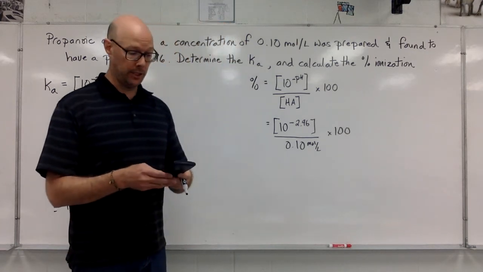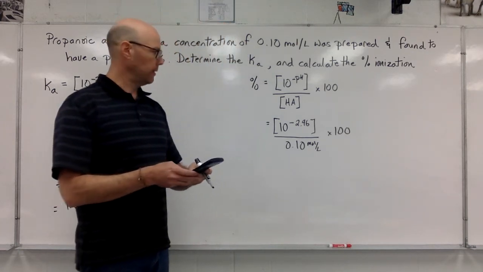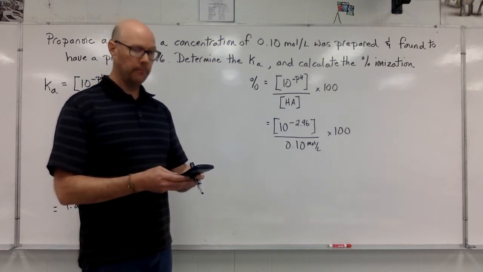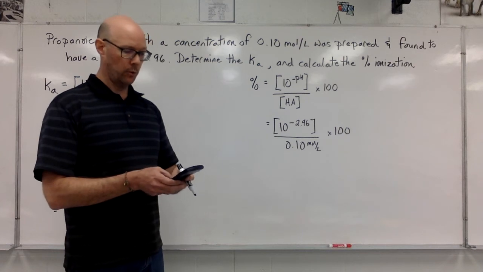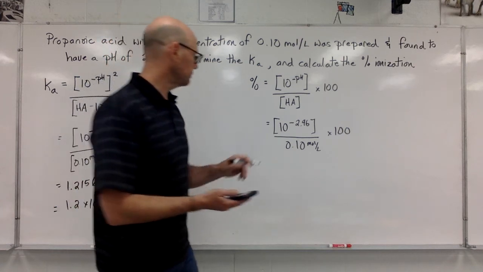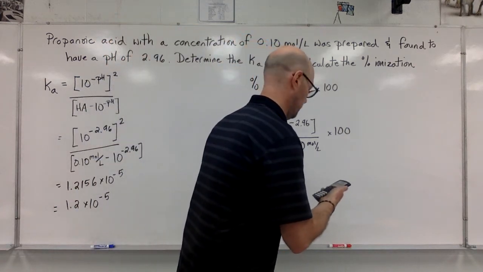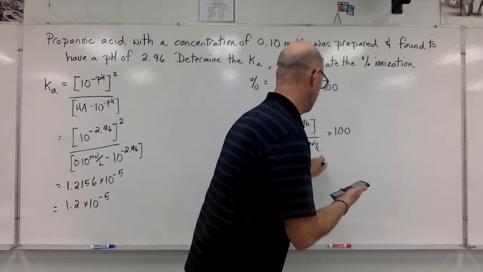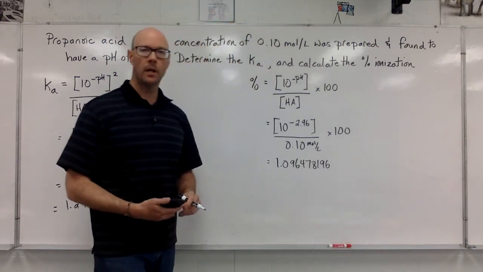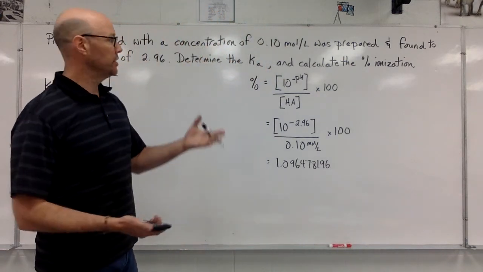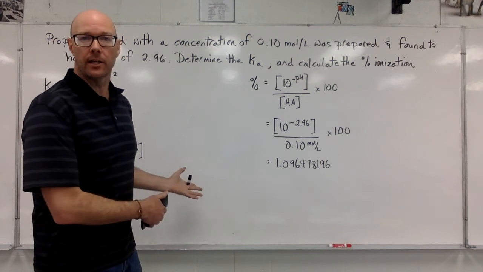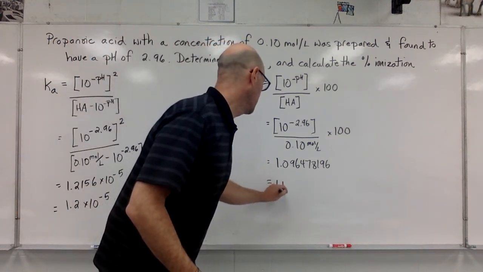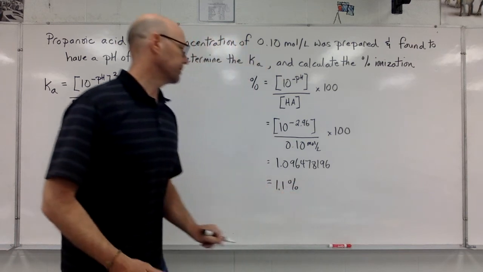And I do that calculation. 10 to the power of negative 2.96 divided by 0.1 times 100. 1.096478196. Again, thinking about the significant digits, as with our work with the Ka a second ago, we have two significant digits, so this is 1.1%.